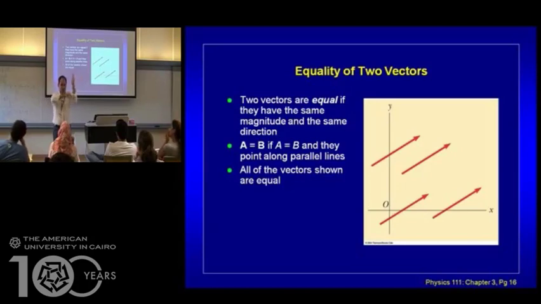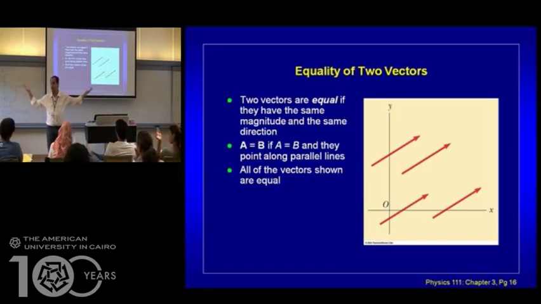They have the same length, they have the same direction, they are equal. How about those two vectors? They are equal. How about those two vectors? They are not equal. Though they have the same length, they are in different directions. So one of them has to be the negative of the other one.